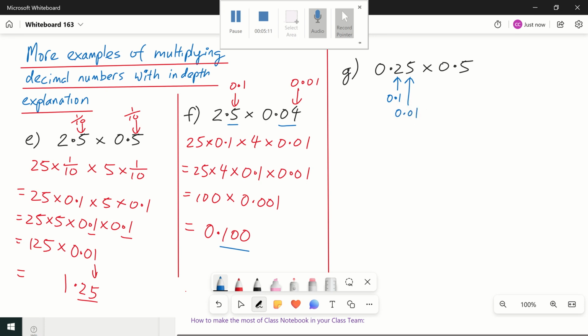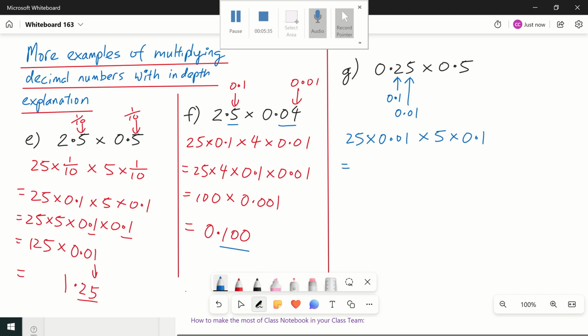So that means 0.25 is actually 25 units of 0.01. And that's multiplied to 5 units of 0.1.